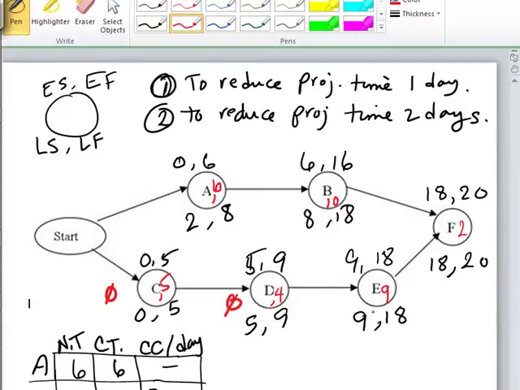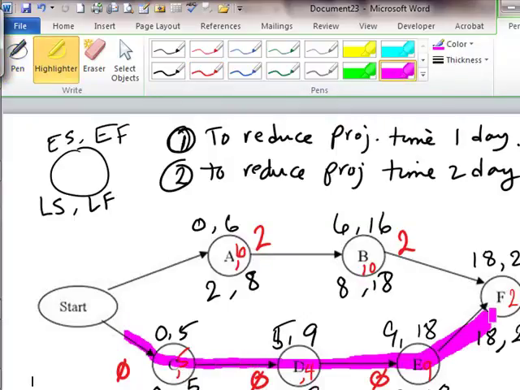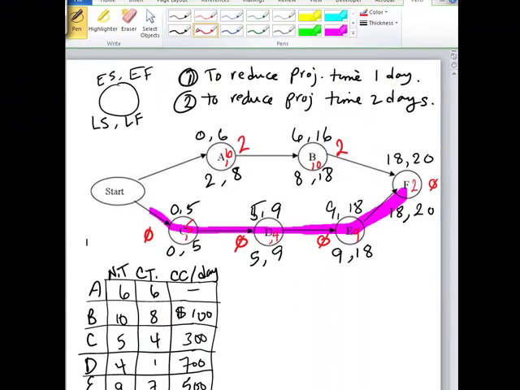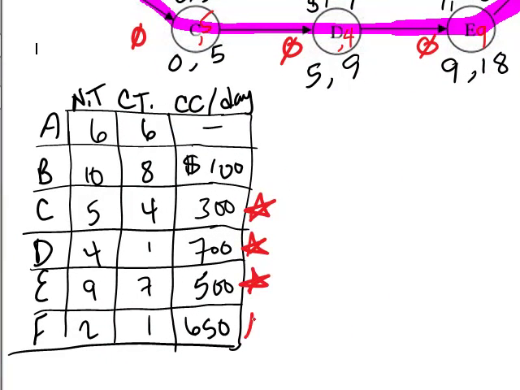Slack here is 0, here is 0, and here is 0. This slack right here for activity A is 2, and for this one is also 2. So the critical path is C, D, E, F. So I will mark here C, D, E, and F. These are the critical activities.